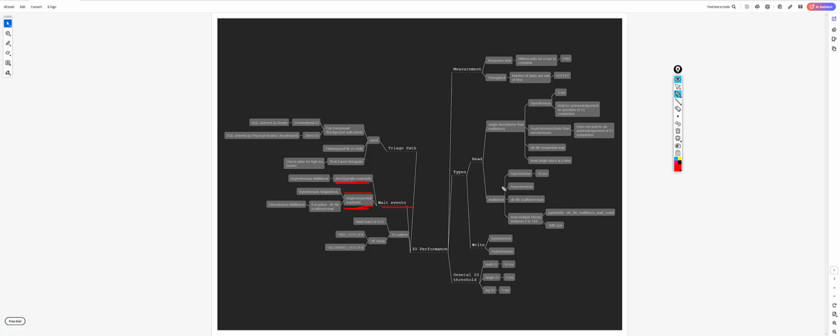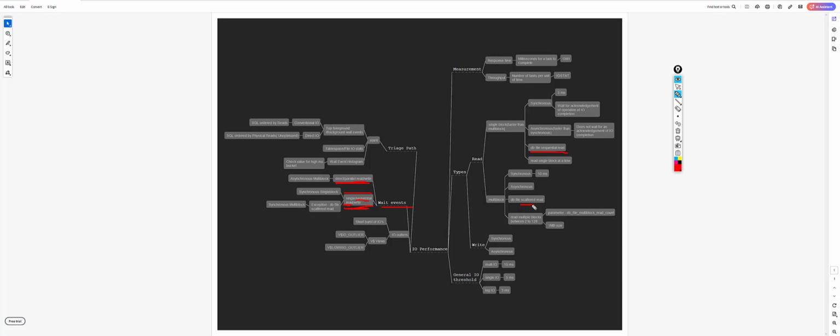So I will give you an example. DB file sequential read: here sequential and read. And DB file scattered read. That's what I told you. This is an exception. Okay, why? Because there is a word called scattered, but read is there.